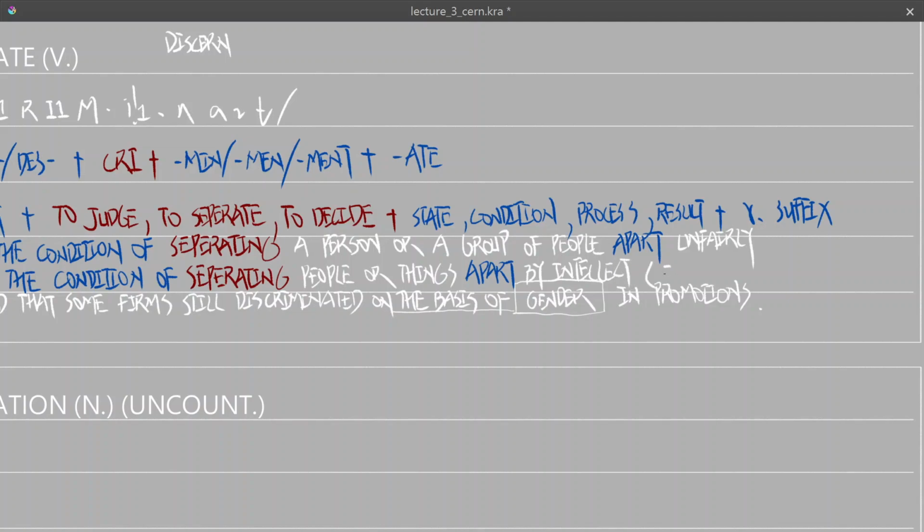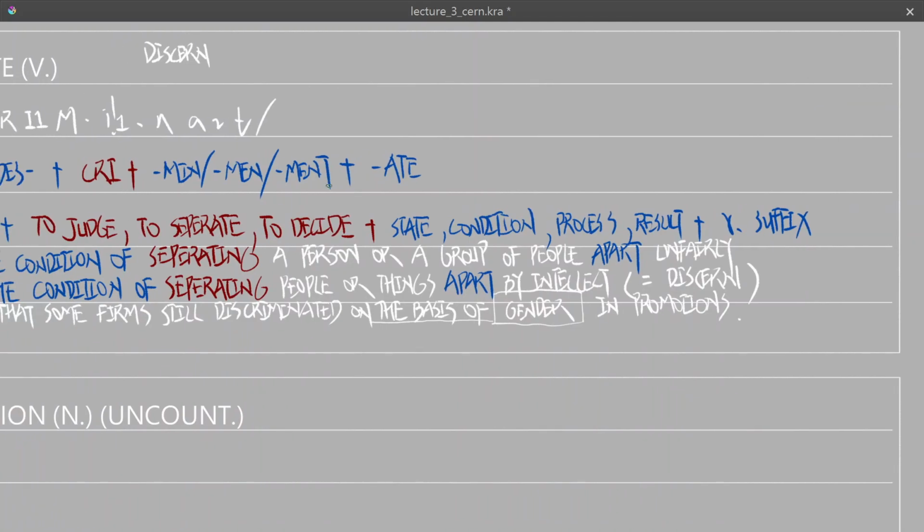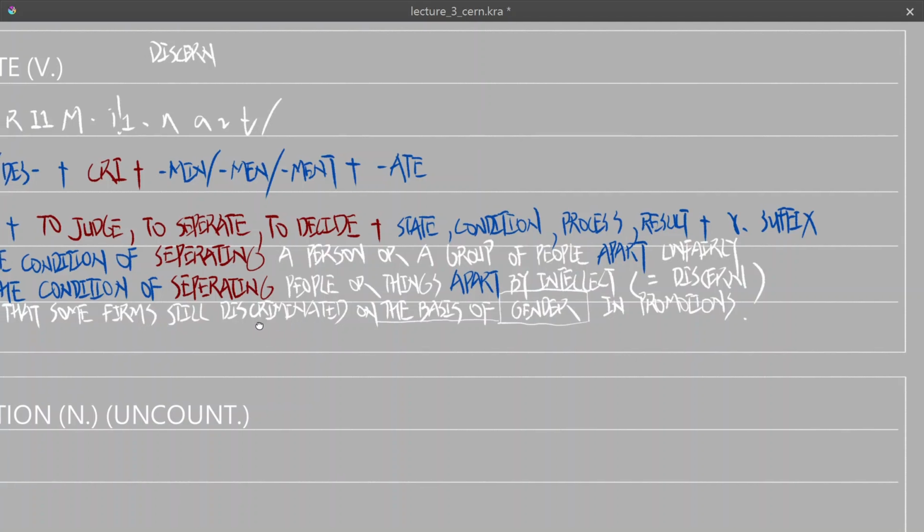So it's almost the same as discern, as someone has the ability to differentiate between or among things or people.